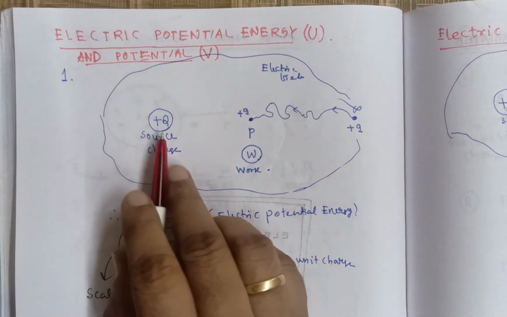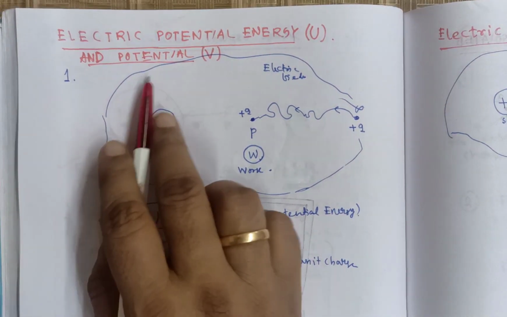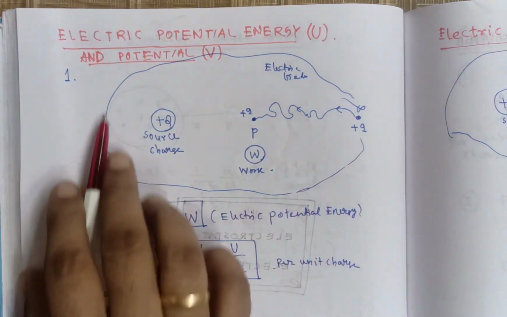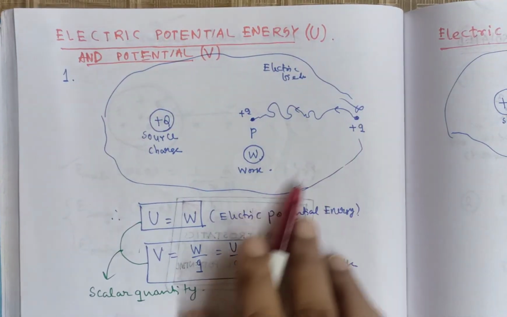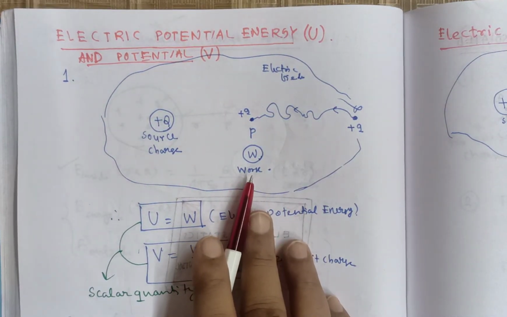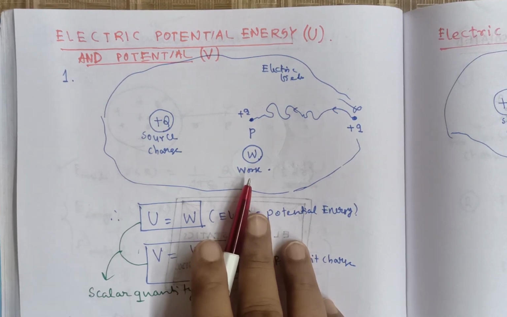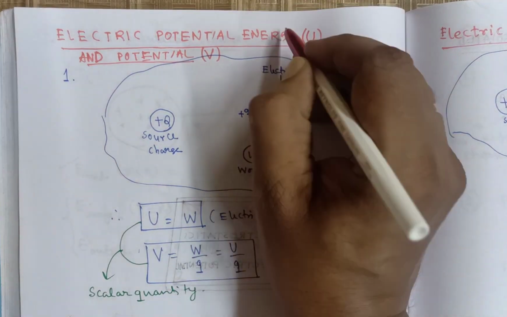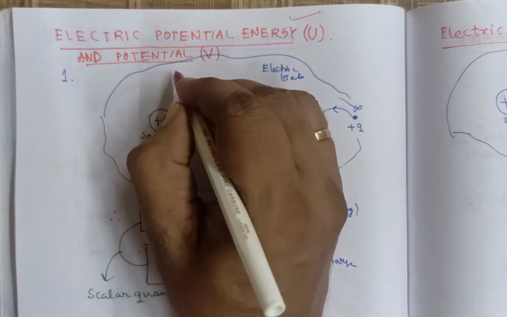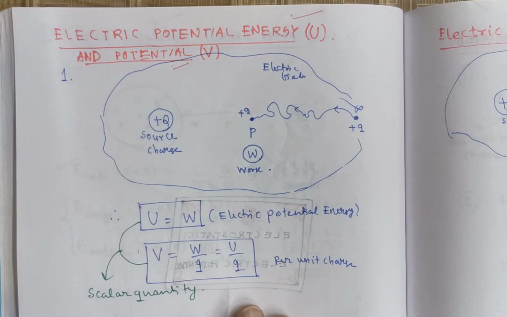Similarly here it is a source charge, let its electric field be of infinite range. Here we have to define two terms: one is electric potential energy and another one is electric potential.